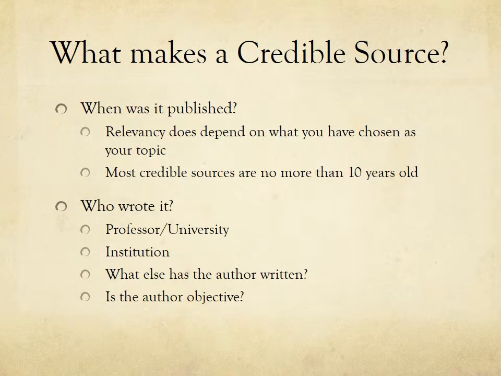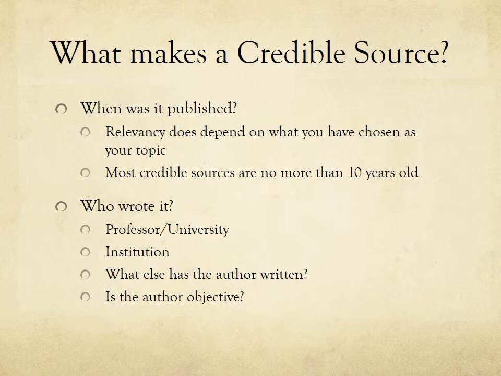Next, we want to look at when the article or the website or book was published. The relevancy of the source does depend on when the topic was at its peak. If a topic was at its peak 20 years ago, then the sources are most likely more credible 20 years ago.